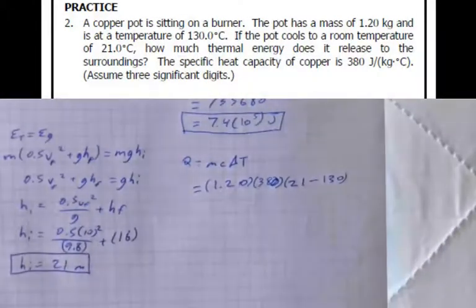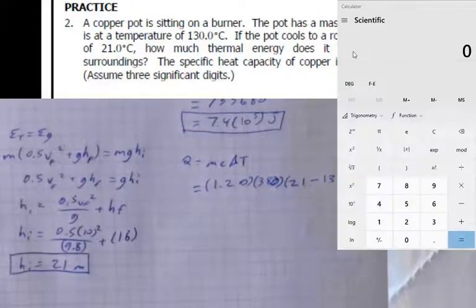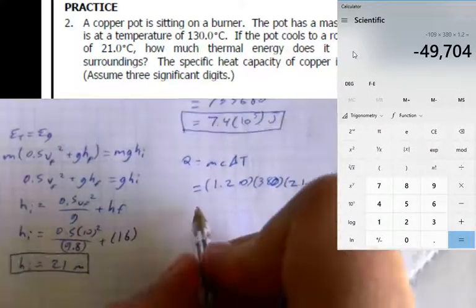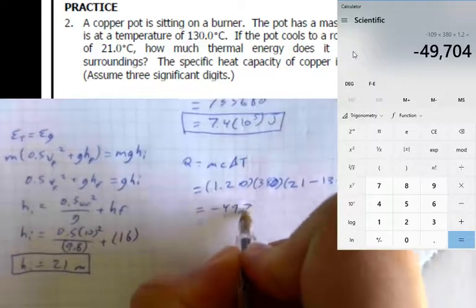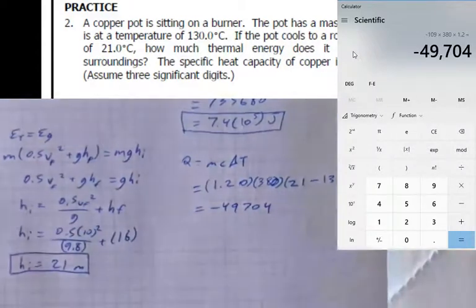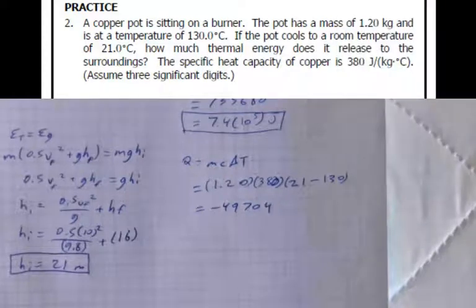So let's turn our calculator on. 21 minus 130 is negative 109 times 380 times 1.2. We have negative 49704, and that is going to round to 5.0.